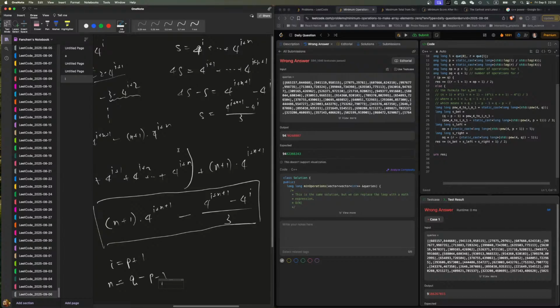N is q minus 1 minus I minus 1 minus p minus 1, q minus p minus 2, that's n.